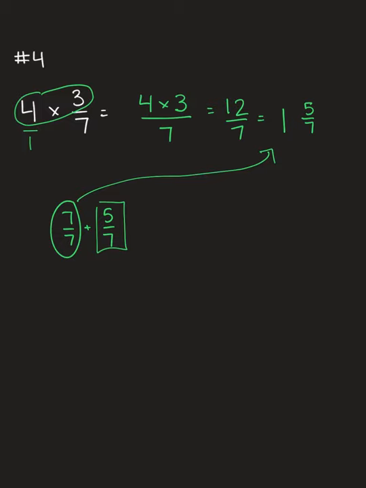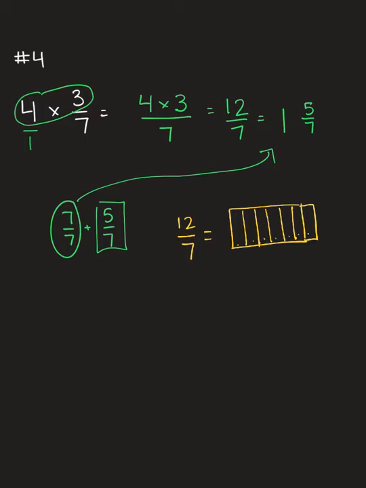We could also think of going from 12 out of 7 to 1 and 5/7 with a picture. So if we were drawing a fraction, the bottom number tells us how many pieces this should be out of. So this should be out of 7 pieces. So 1, 2, 3, 4, 5, and we'll add on another one. So that should give me 1, 2, 3, 4, 5, 6, 7 pieces.